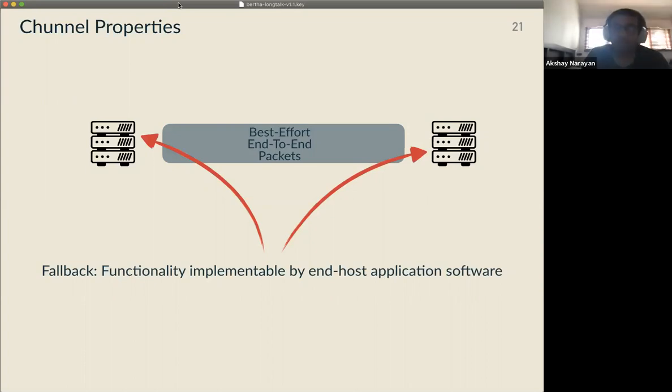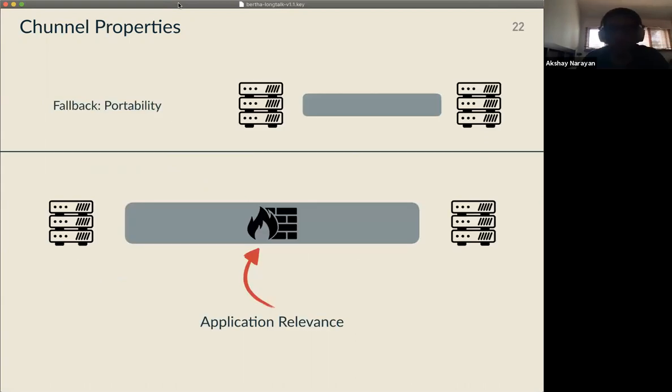We call this property fallback. While a fallback implementation will probably have worse performance than a hardware offloaded one because it's running in software rather than hardware, it ensures portability, and the application can still function in the absence of any fancy hardware offloads.